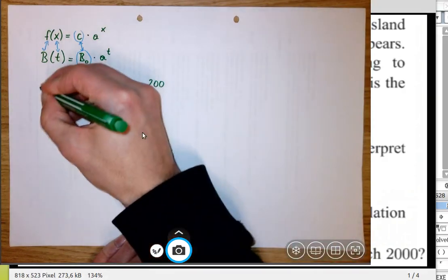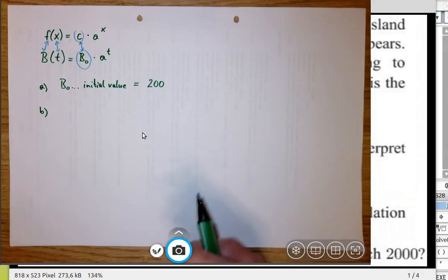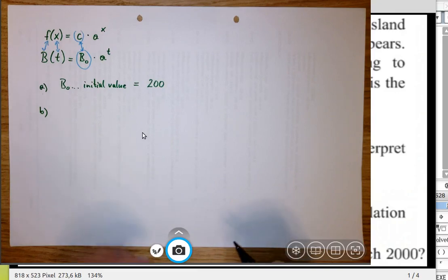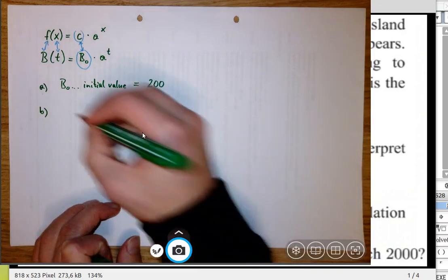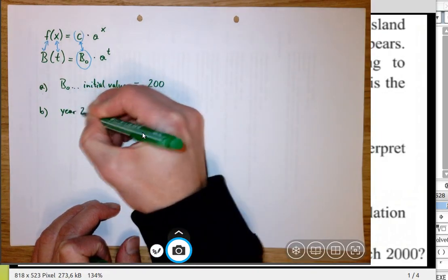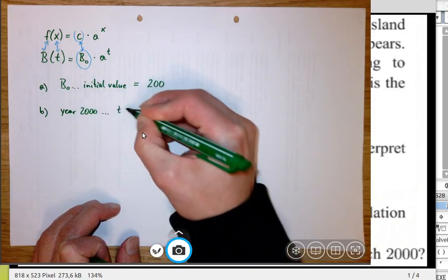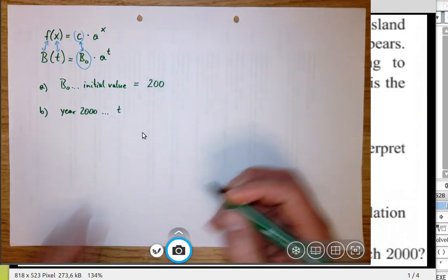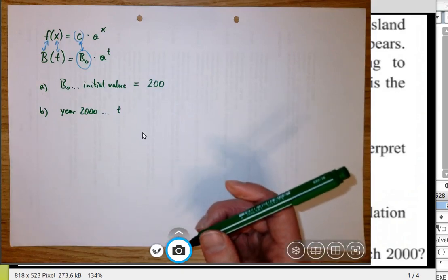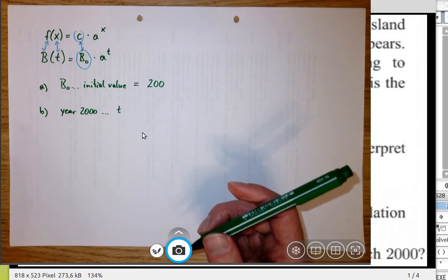Next one, so this was a. The next question is that we should find a with the information that in 2000 there were 242 bears. So for the year 2000 we will have to find out what's the correct value of t, because t denotes the time in years since the introduction.